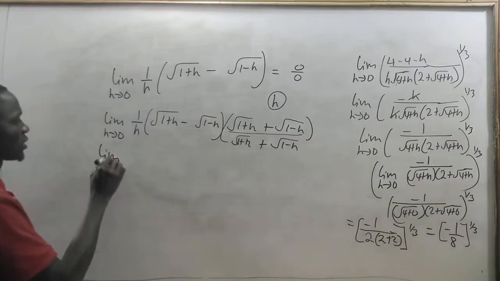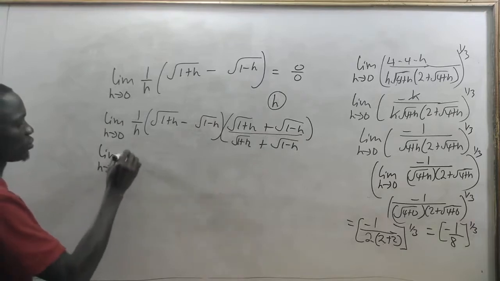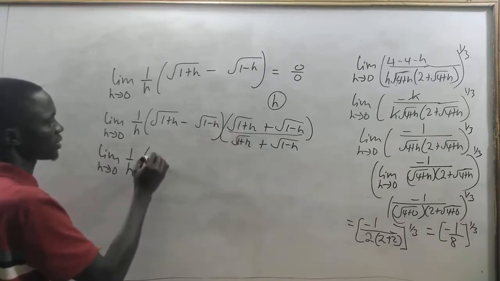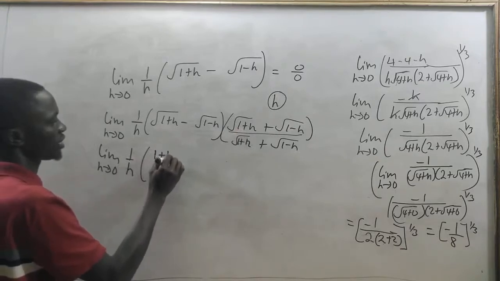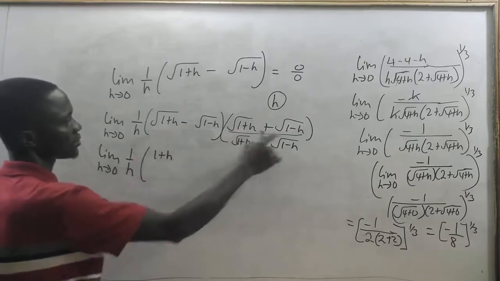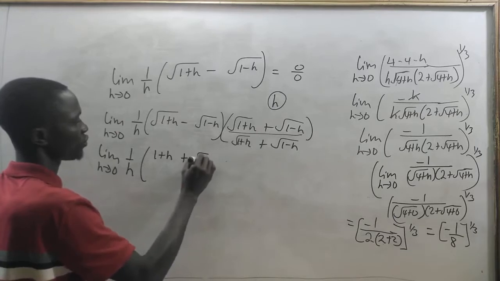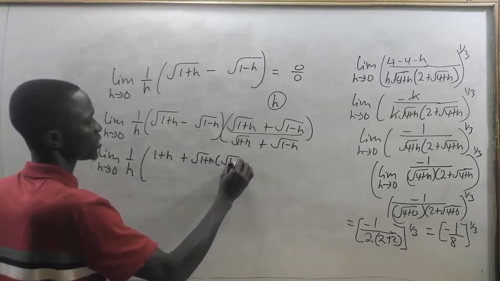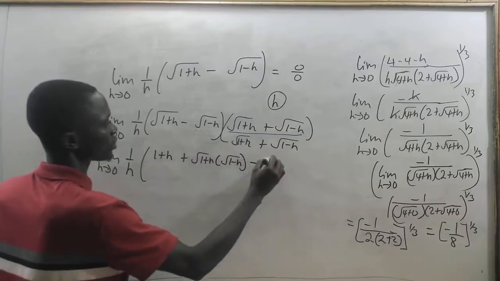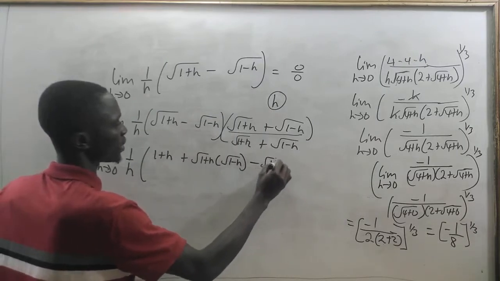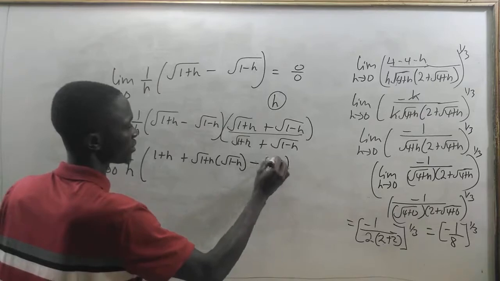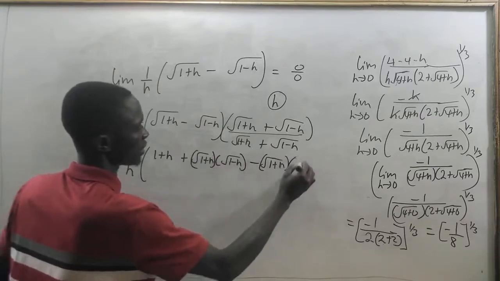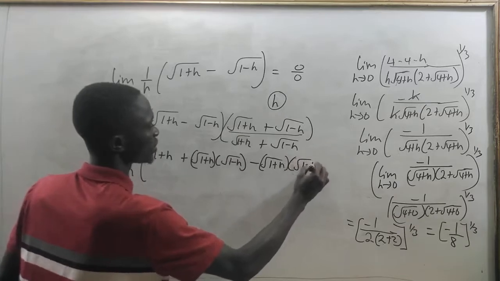So you have the limit as h approaches 0 of 1 divided by h. This time that will give us 1 plus h. This time that will give us plus the square root of 1 plus h times the square root of 1 minus h. This time that will give us minus the square root of 1 plus h times the square root of 1 minus h.